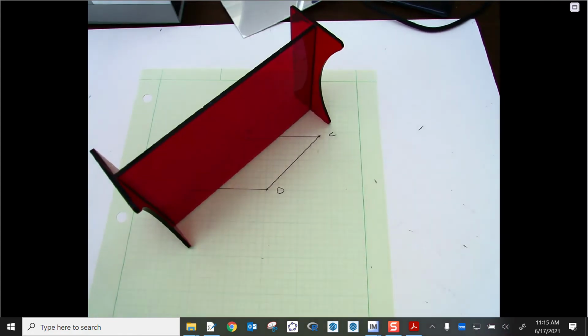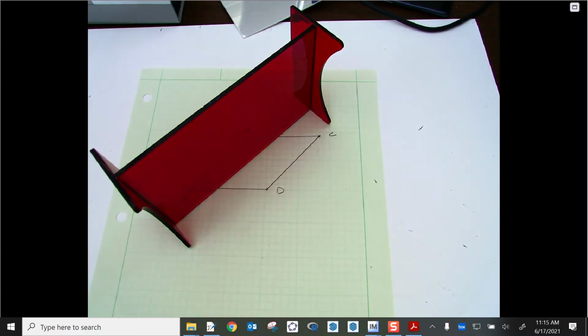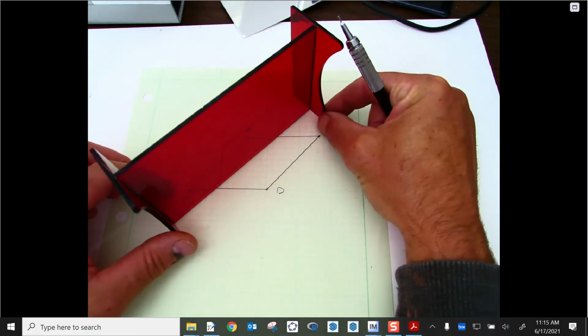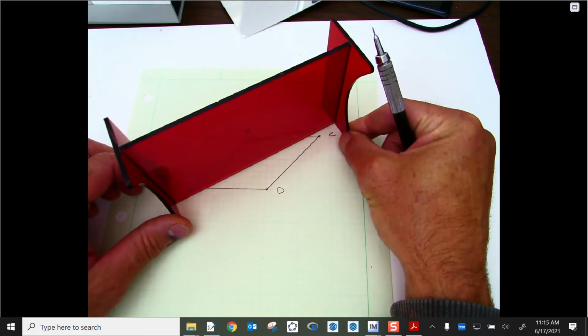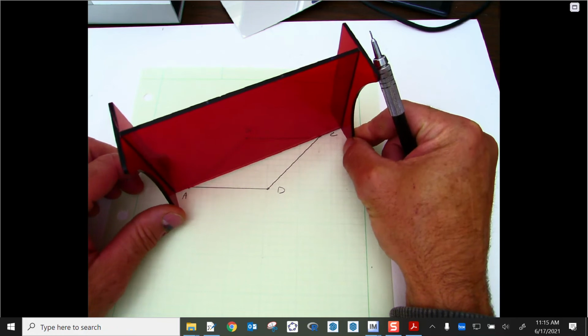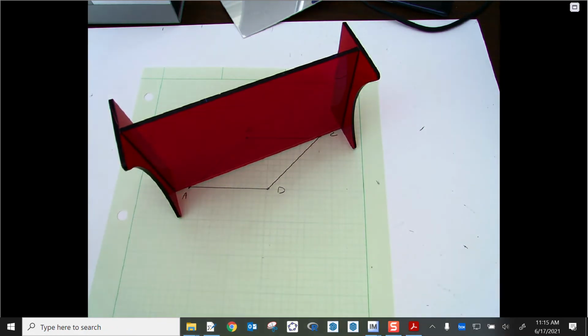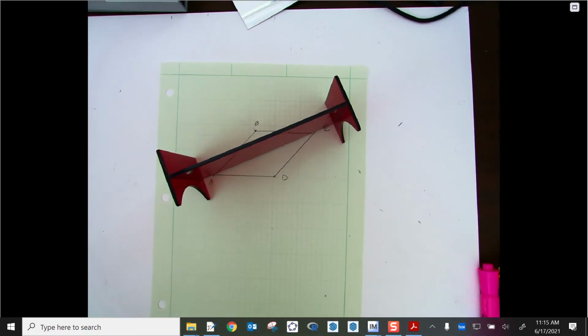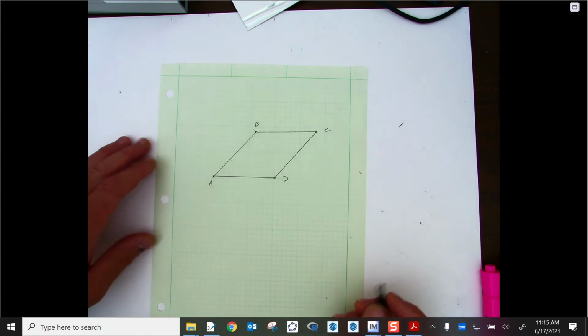You can see how this piece and this piece are being reflected and making a dart-shaped figure that obviously isn't overlaying, but if I move this slowly, it starts to line up when I get to about right there. Anyway, a mirror, really nice tool. These are really cheap. You can get nice classroom sets of them. They're about $3 or $4 a piece.